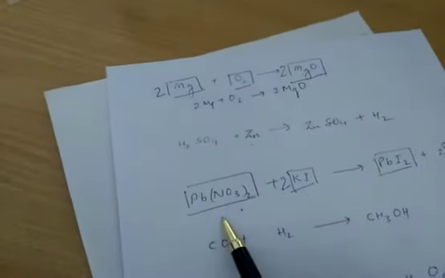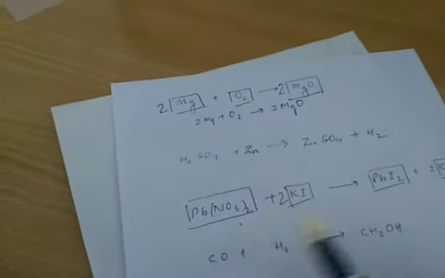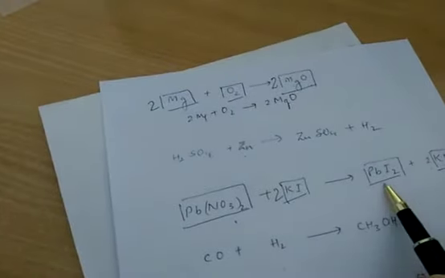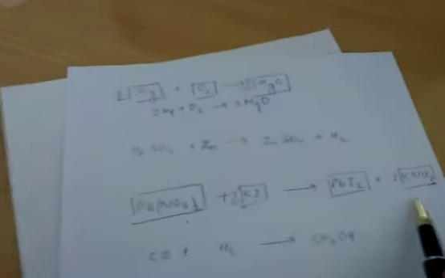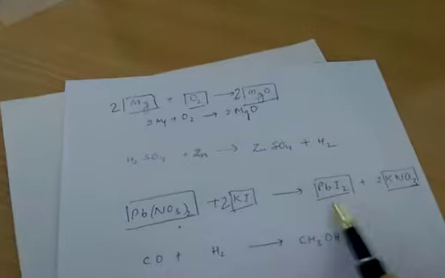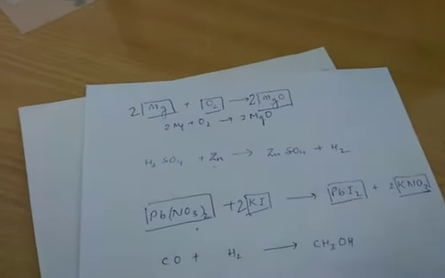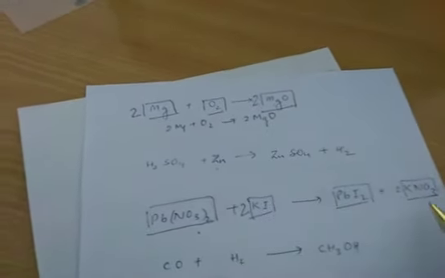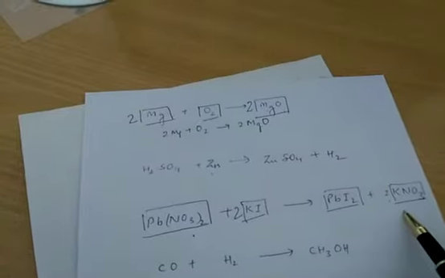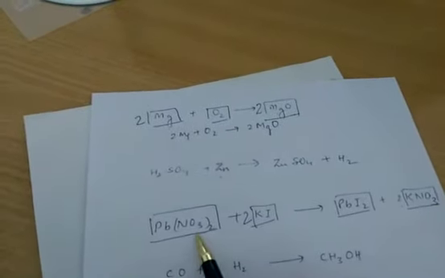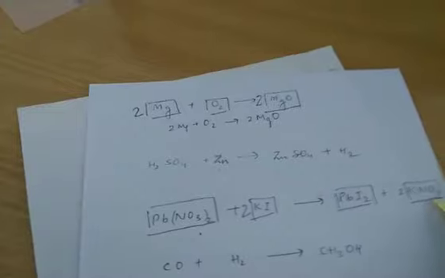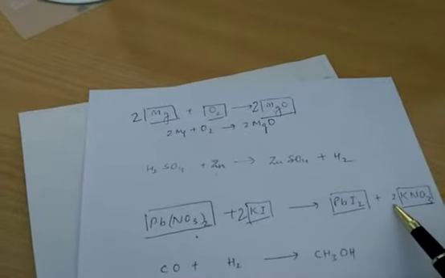Now lead nitrate, another reaction: lead nitrate plus potassium iodide changes into lead iodide plus KNO3. First we encircle all the species, then we start with the KNO3. On the left side, NO3 species is 2, but on the right side only 1, so multiply it with 2.